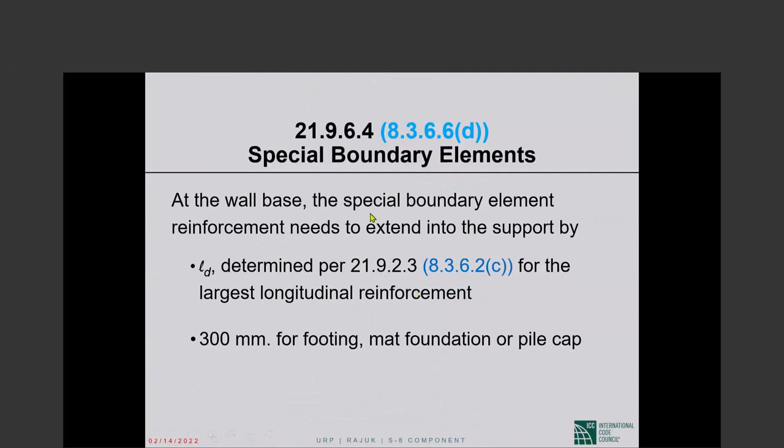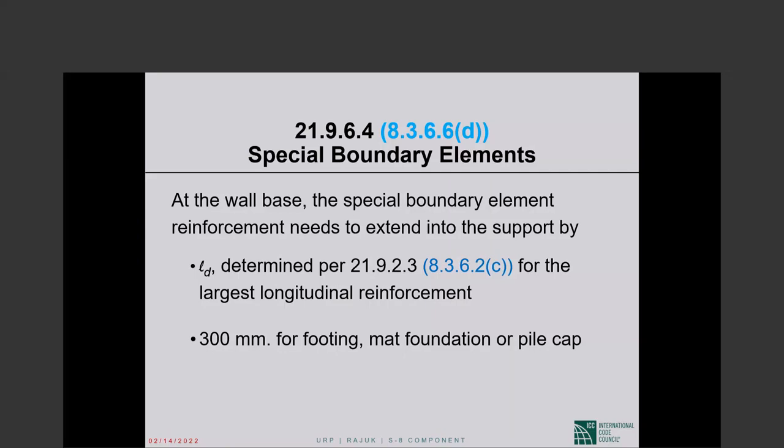So here it talks about, no, I told you wrong. So the special confinement shall extend above the base by either the length of the shear wall or 1/4 of the moment to shear ratio at the base.